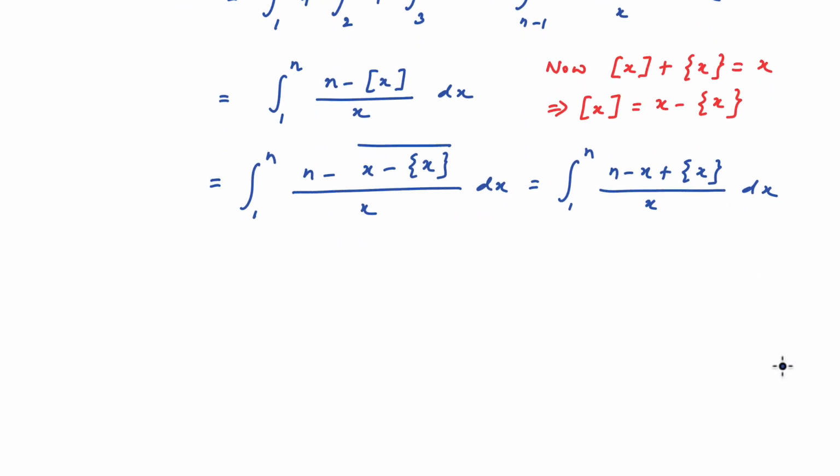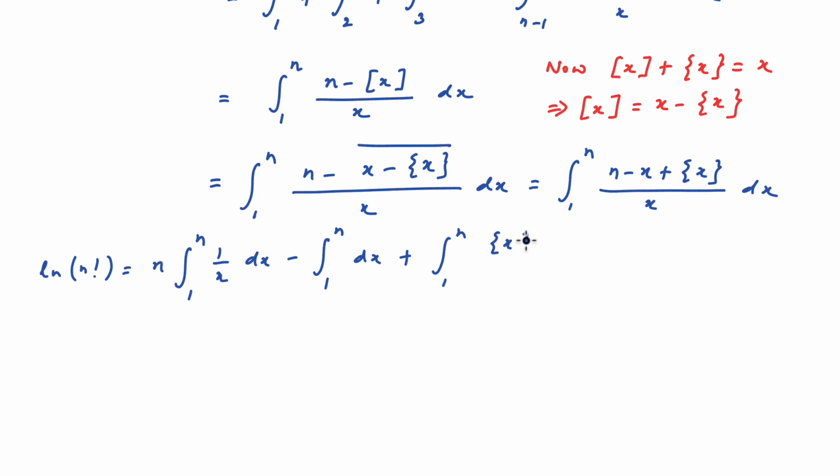Breaking up the integral on the right hand side, we get ln of n factorial is equal to n times integral 1 to n, 1 upon x dx, minus integral 1 to n dx, plus integral 1 to n, the fractional part of x, divided by x dx. Now, in the last term in the numerator, let's subtract and add half.